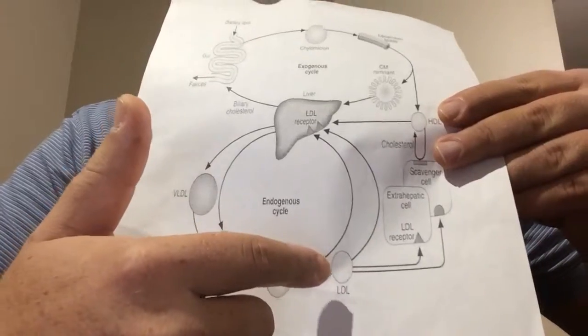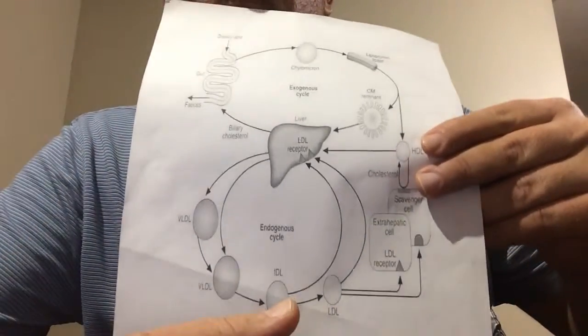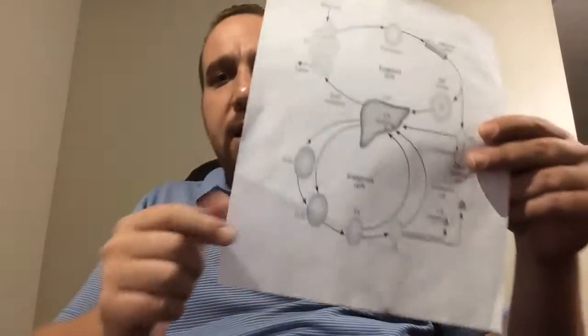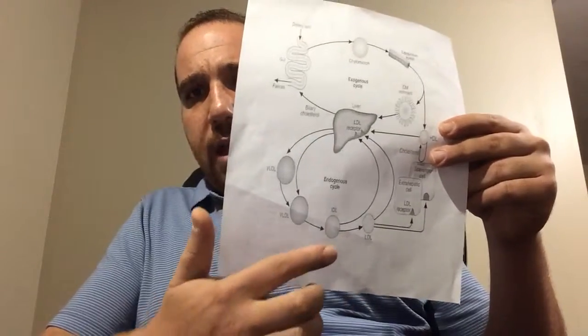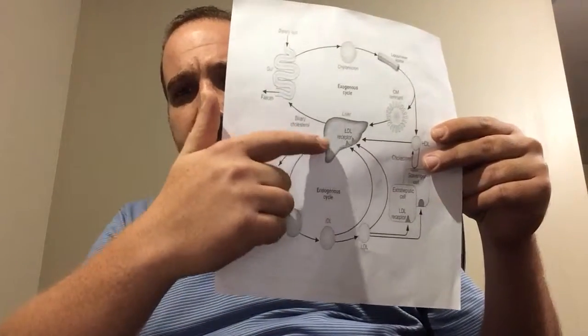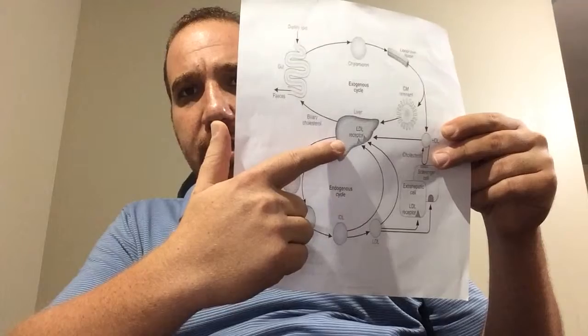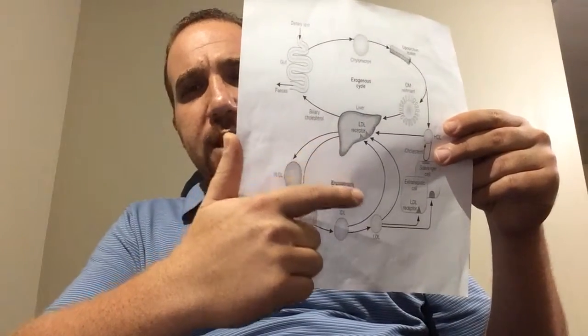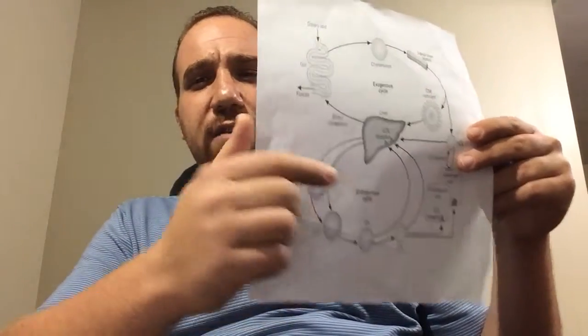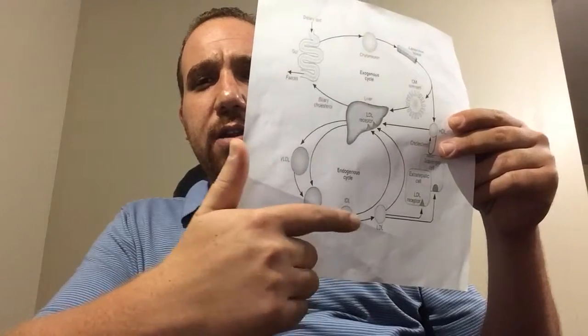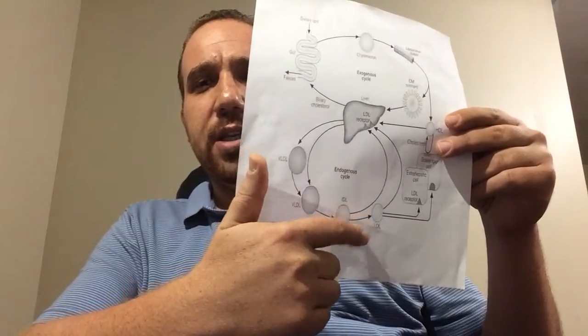LDL has a protein attached to it called apolipoprotein B100, and this protein will bind to the LDL receptor in the liver in a process that leads to the removal of 75% of the LDL mass in our circulation.